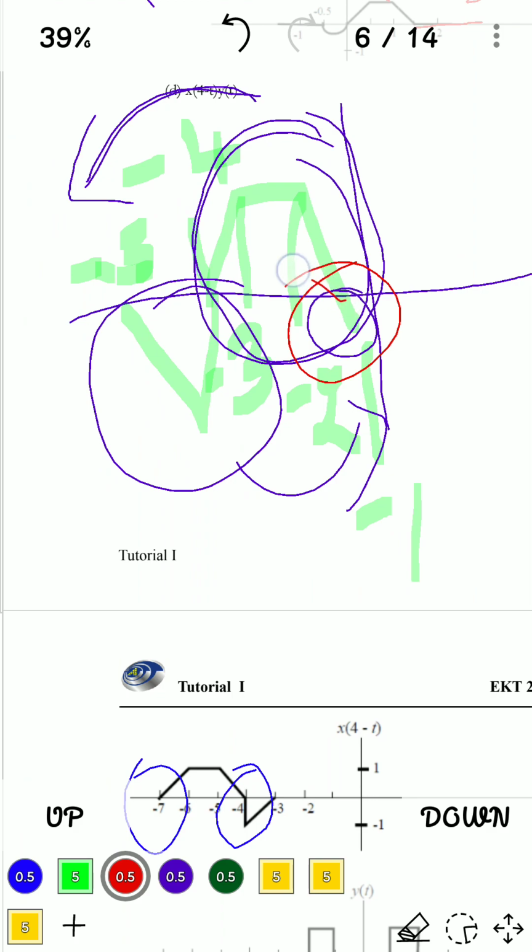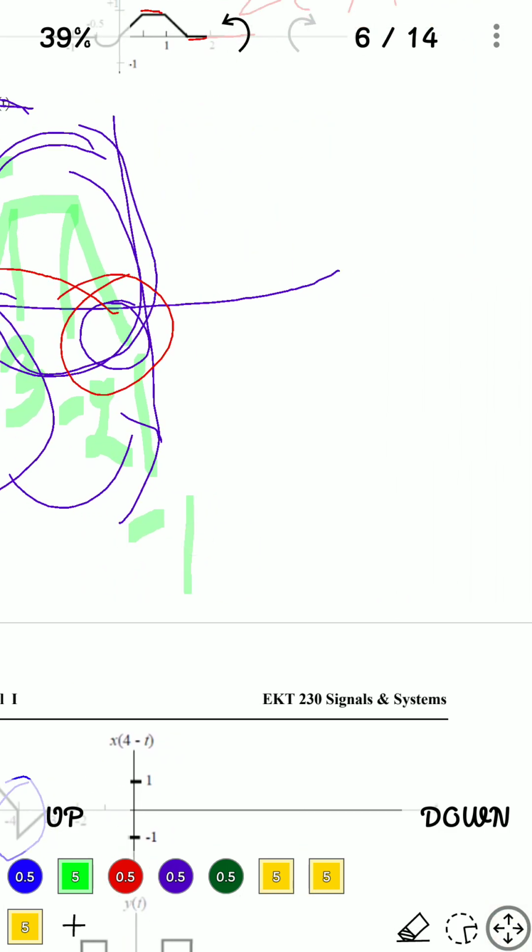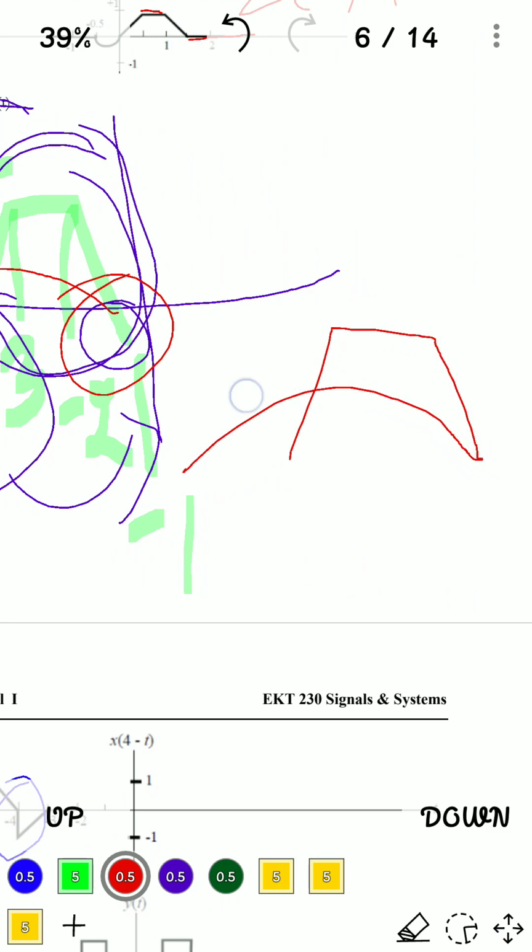So when you flip this over here, this minus 1 will take the place of 7, and this 4 will remain the same.